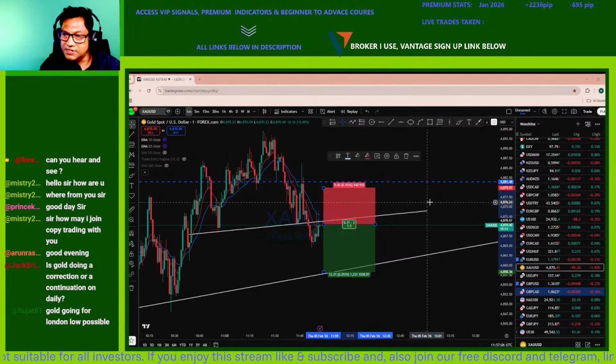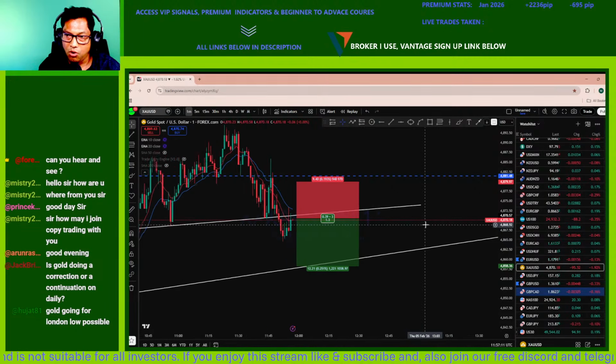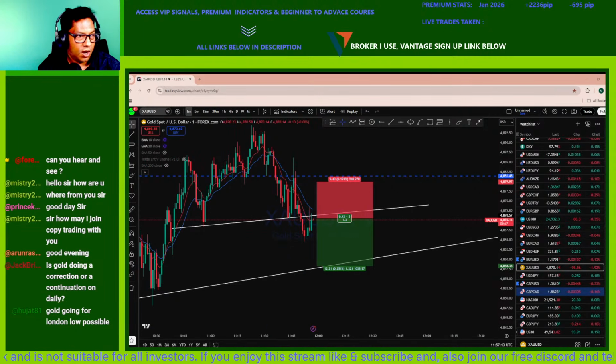Okay, so I placed a sell here in that area, expecting the market to eventually break that low, depending on how the market is doing.